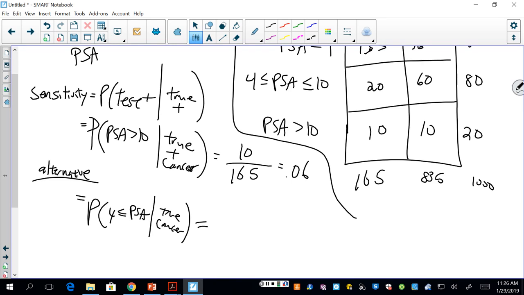How big is a signal that there's a risk? So now if you define the test, instead of being greater than 10, as greater than 4, now there's 30 individuals that are bigger than that, and that's 0.18. Does it round to that? Yeah, it rounds to 0.18. So this would look better in terms of this measure of sensitivity.